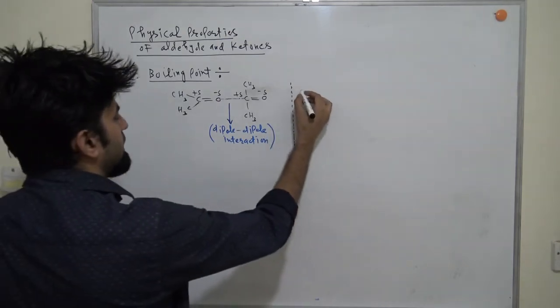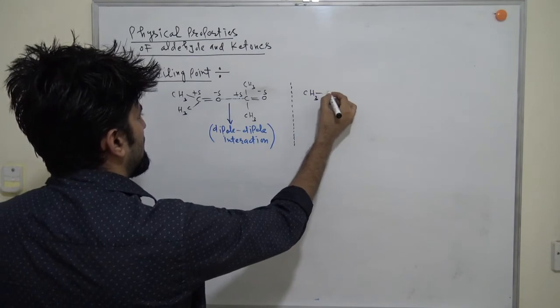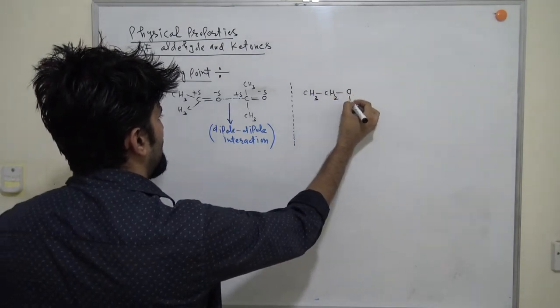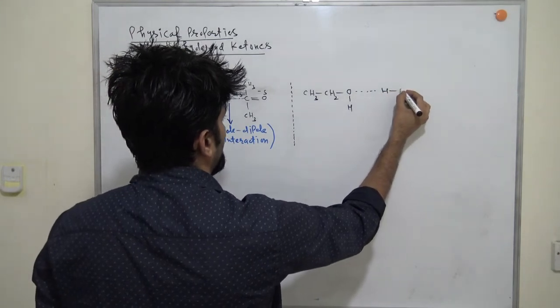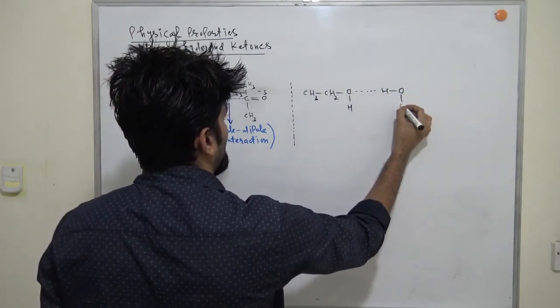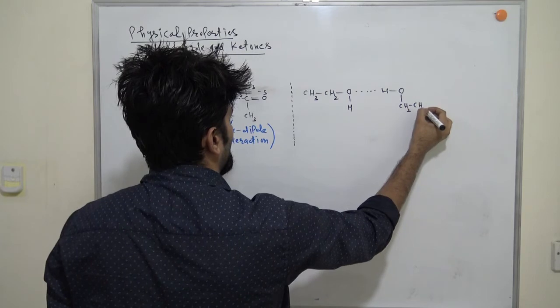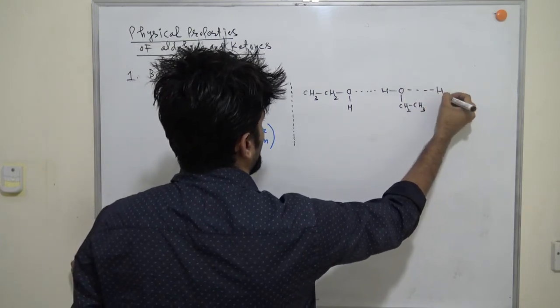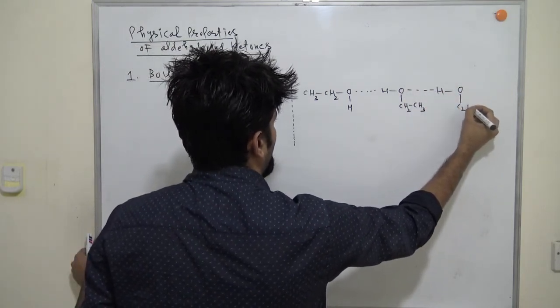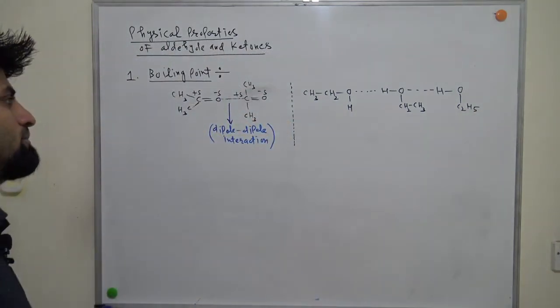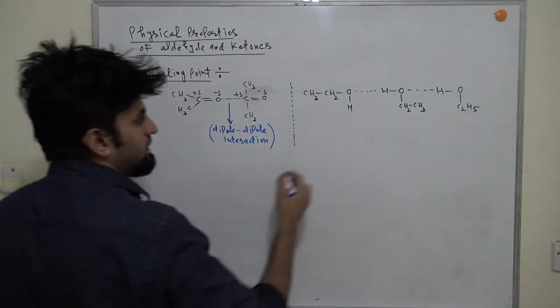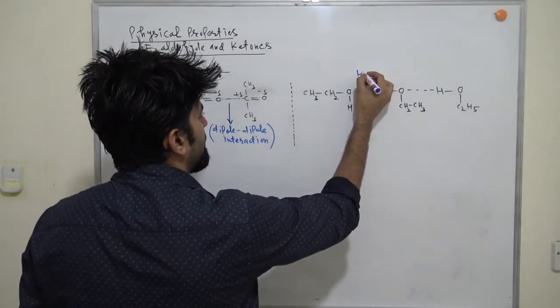Suppose this is alcohol, CH3CH2OH. This is the second molecule of alcohol, and this is the third molecule of alcohol. So in the case of alcohol, this is a hydrogen bond.